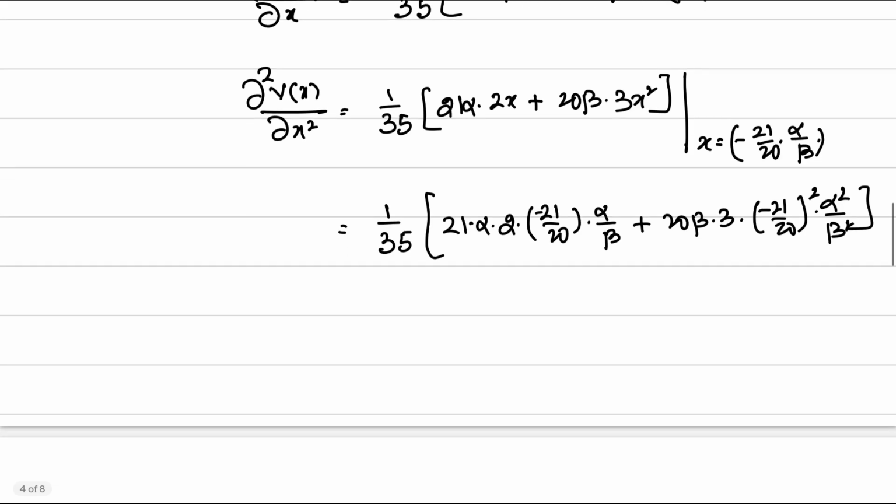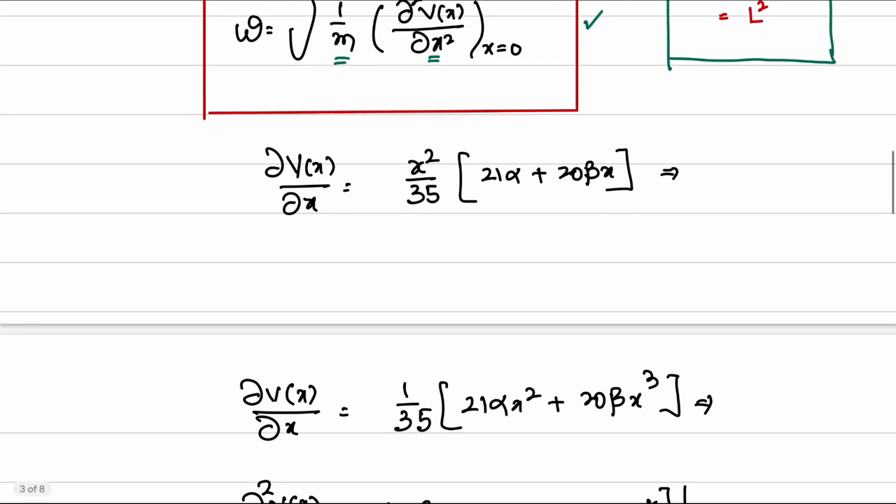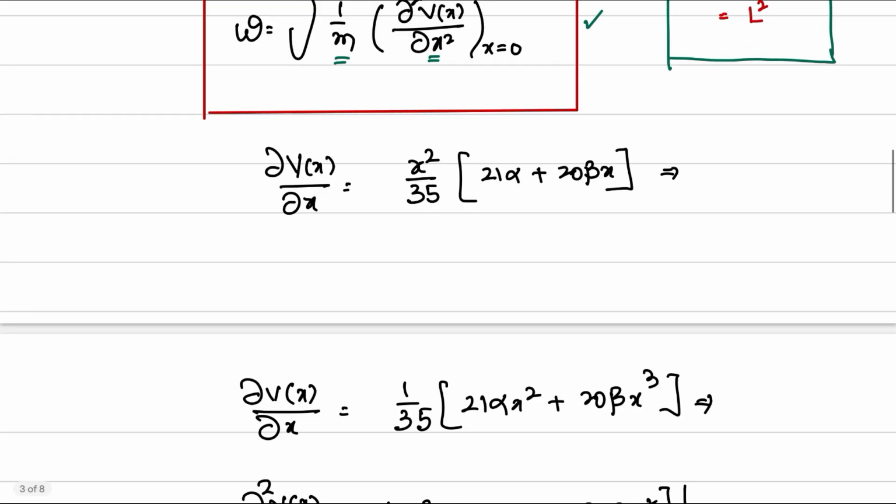Now, you have got ∂²Vx/∂x². Then what is the formula for omega? Omega is equal to square root of 1 by m into ∂²Vx/∂x².